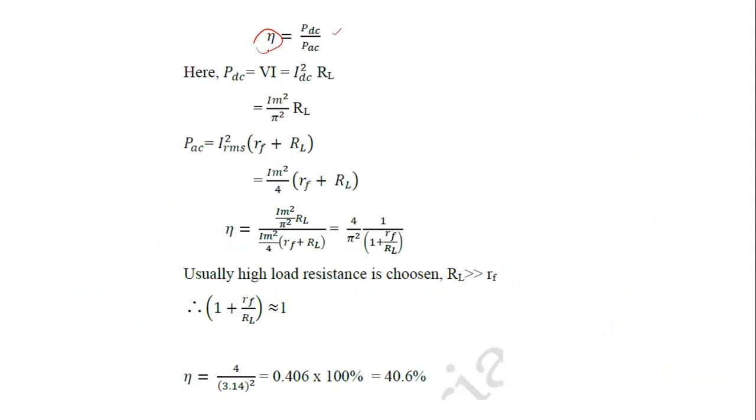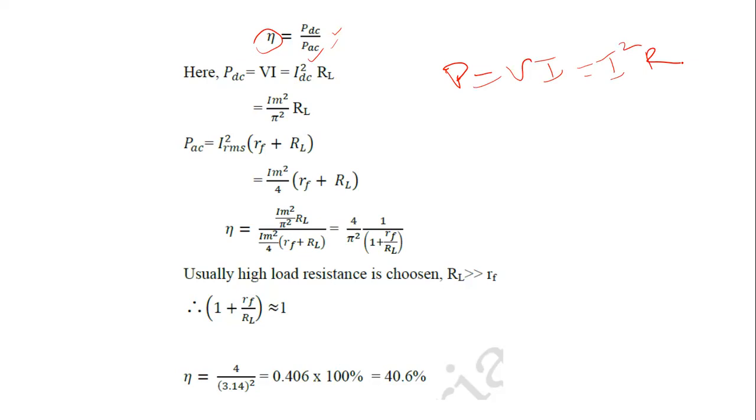So DC power upon AC power. DC power across the load resistance means P equals IV, right? V is I into R, so it will be I square R.